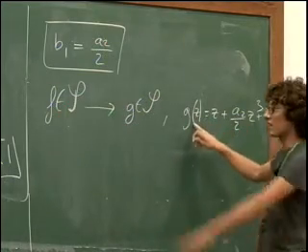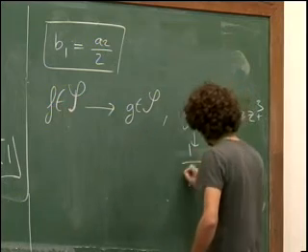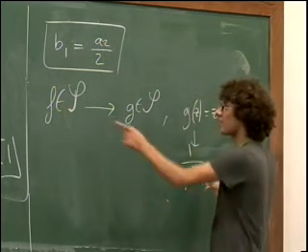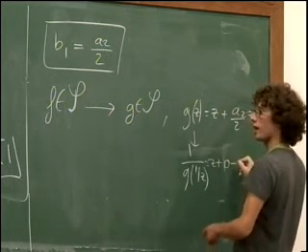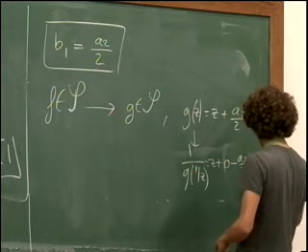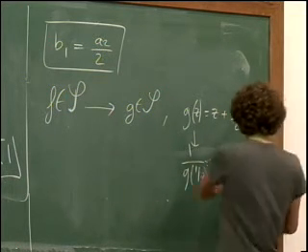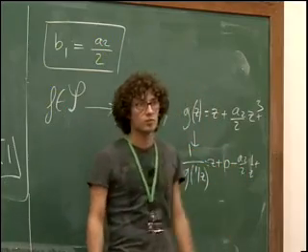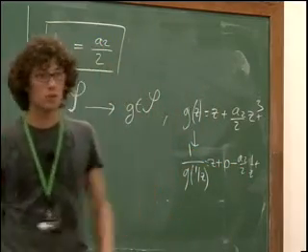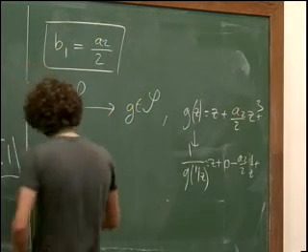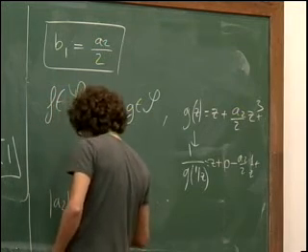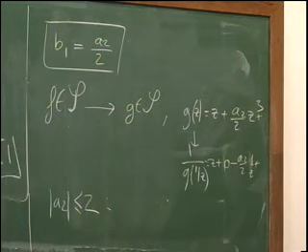And when you take 1 over G of 1 over Z, you get exactly Z plus 0, actually, minus A2 over 2 times 1 over Z plus so on. So the B1 is A2 over 2. But this is not the hard part of the proof. So you can construct this G, which exactly gives you that A2 is less or equal to 2. And that's something very important. It's the first step of what is called the Bieberbach conjecture.